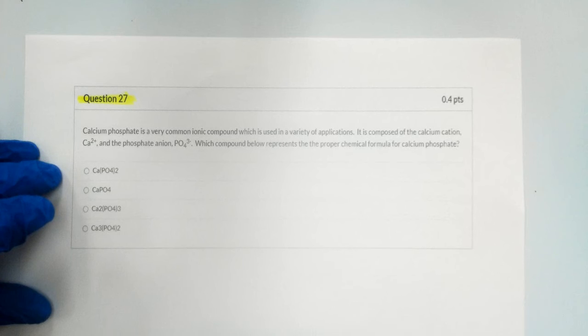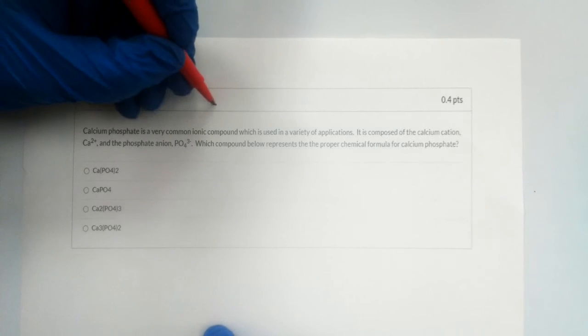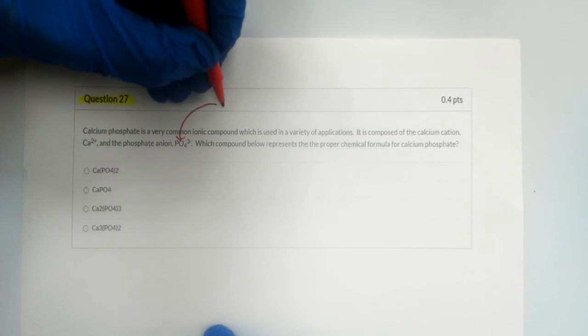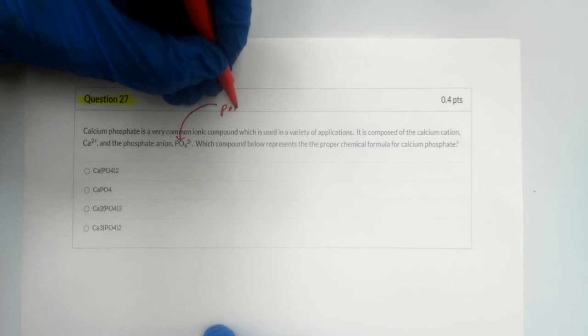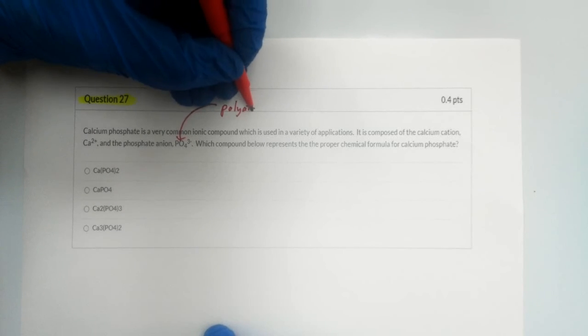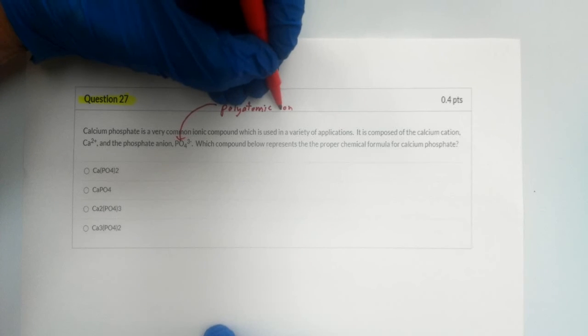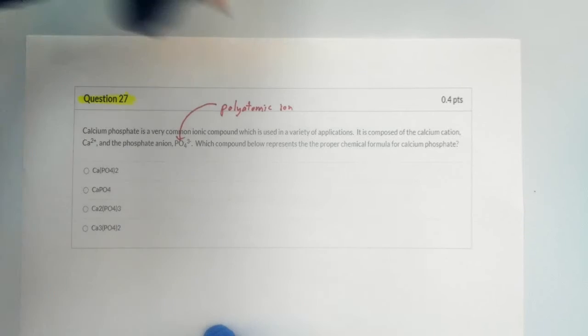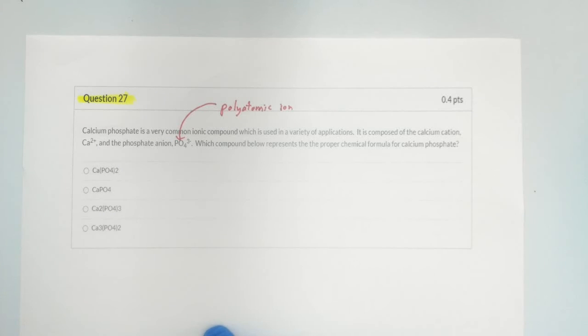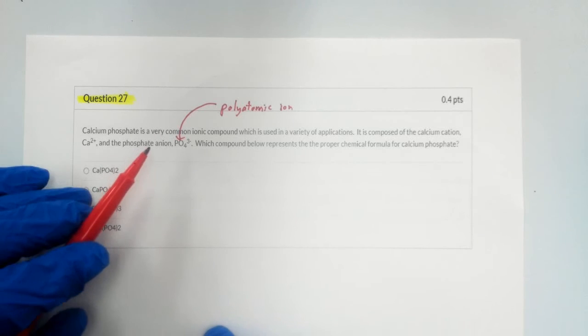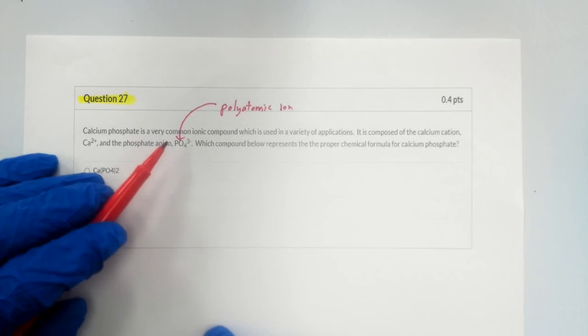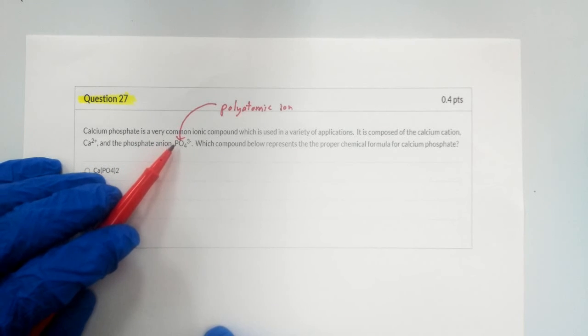Now, let me say one thing about that before I move on. Folks, this is something that we call a polyatomic ion. You could call it a polyatomic anion if you want, but it's still an ion. The reason it's called polyatomic is because it's composed of more than one atom. How do we know that? Well, there's a phosphorus atom there, and what else?